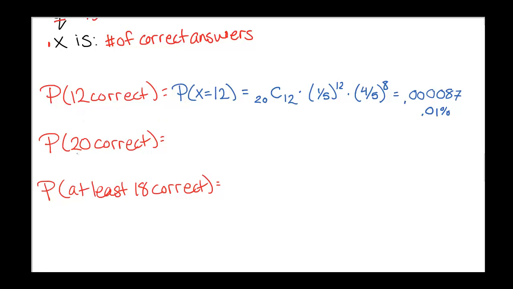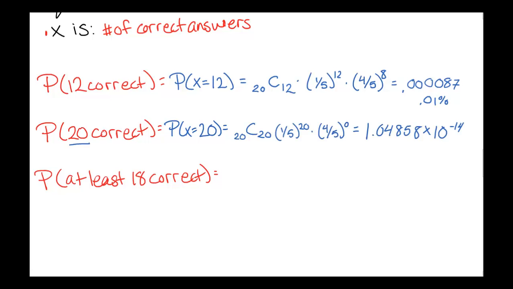Next we have the probability of 20 correct, or the probability that X equals 20. This is the same kind of computation here, so we'll use the same formula and setup. Here's the probability that I get from my calculator. I left this in scientific notation because this is a very, very tiny number. Remember, 10 to the negative 14 power means we'd have to move the decimal place to the left 14 times, or there would be 13 zeros coming before the 1.